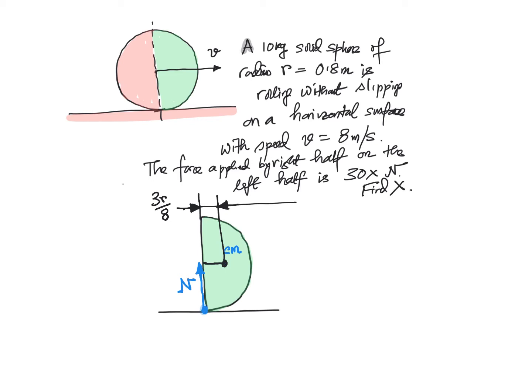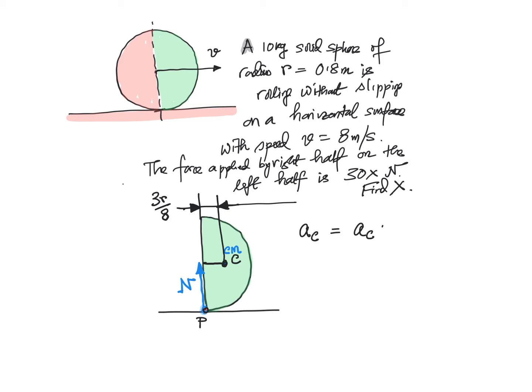So to find the acceleration of the center of mass, let's consider the point P here. This is a point P and this center of mass is named C. So what is the acceleration of C?